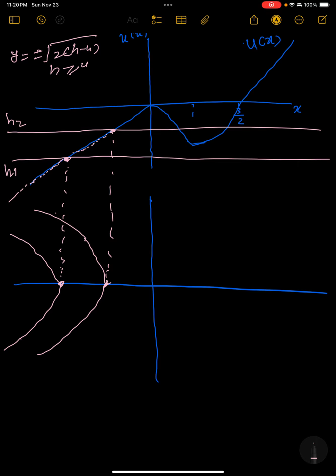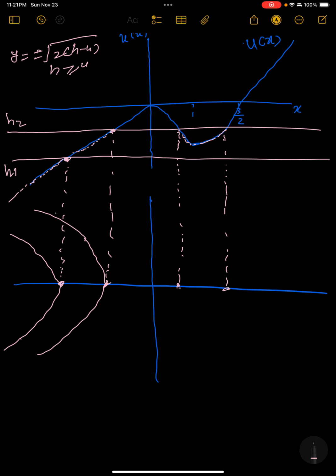But now we can clearly see that this part is also less than h2, so definitely this point is going to be projected to this point, and this point is going to be projected to this point.